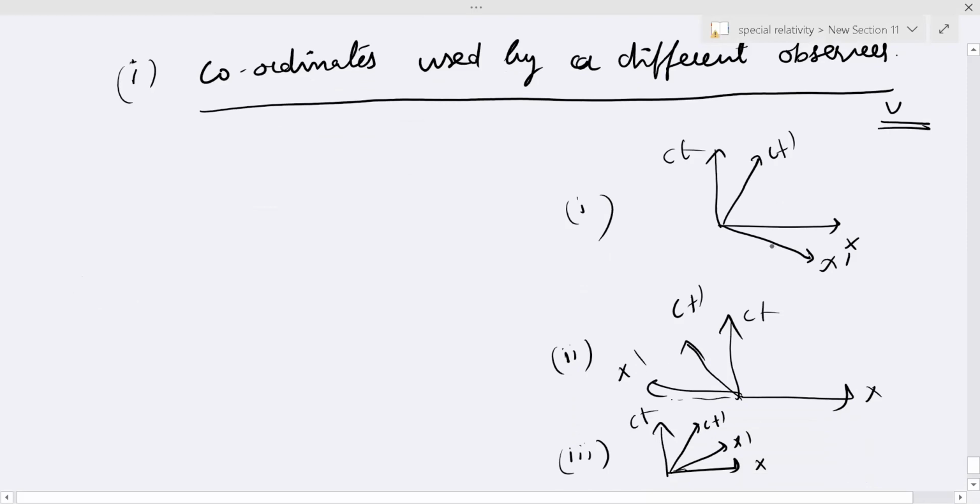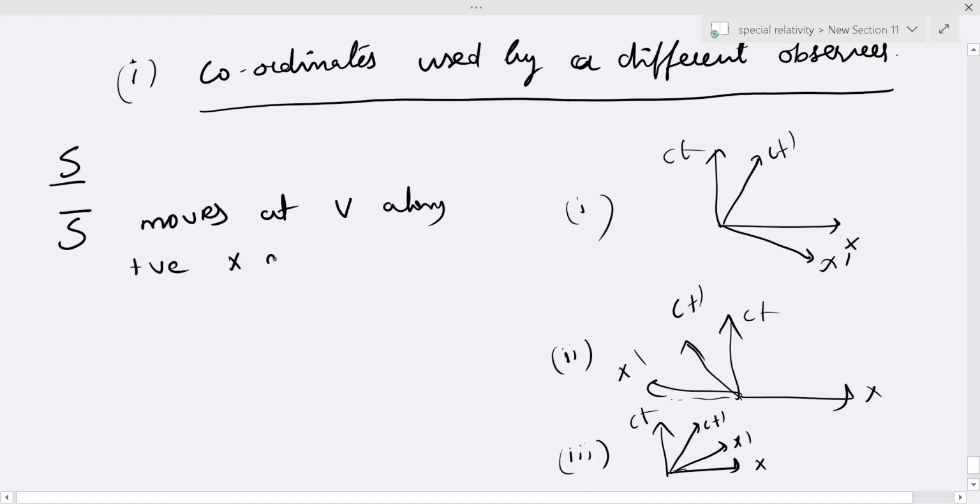Let me make the question more clear. You are the observer S. There is another observer S bar that moves at velocity v along the positive x-axis.